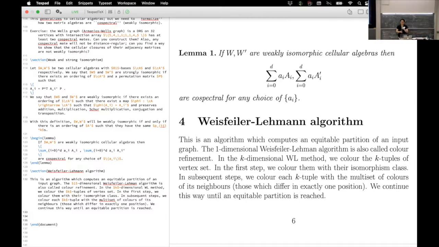When k is 2, in the 2-dimensional algorithm, the matrix is indexed by arcs of the graph versus arcs of the graph. So that matrix is not exactly one of them, but it will be contained in one of them. And it's actually contained in the 2-dimensional thing. But already this thing is very difficult to prove things about.